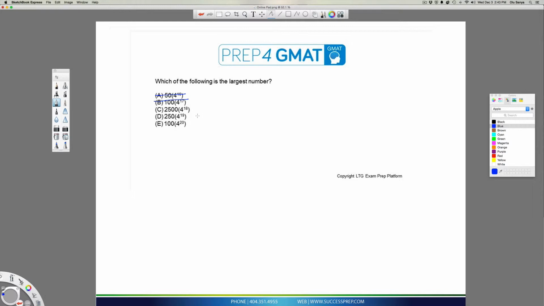At this point, you could recognize that if we go with 4 to the 18, we can compare everything in terms of 4 to the 18. This is what I mean. C is essentially 2500 times 4 to the 18. D is 250 times 4 times 4 to the 18.